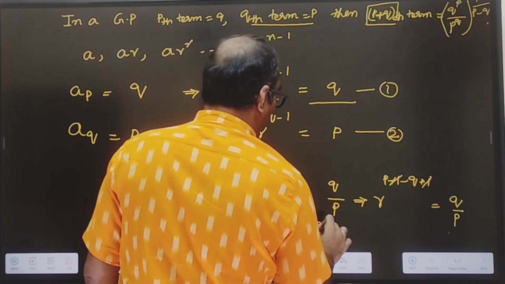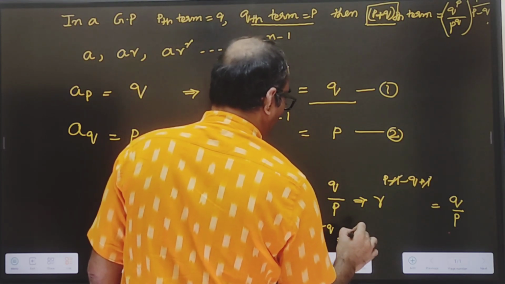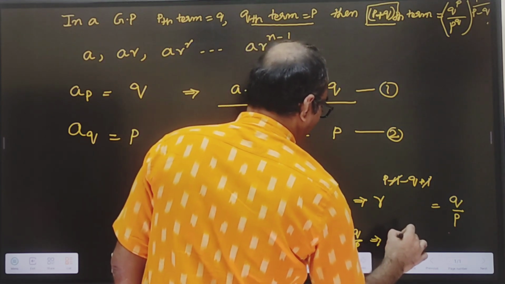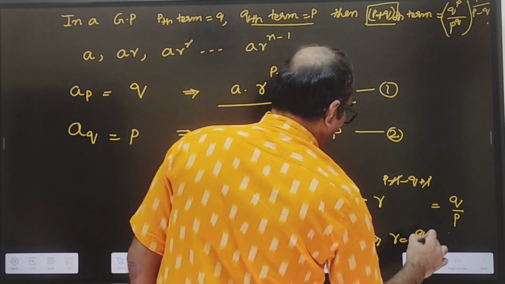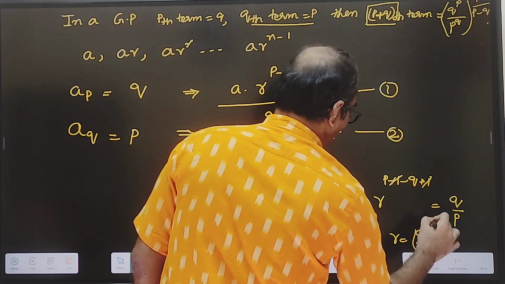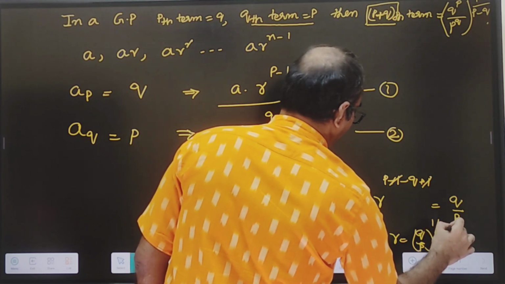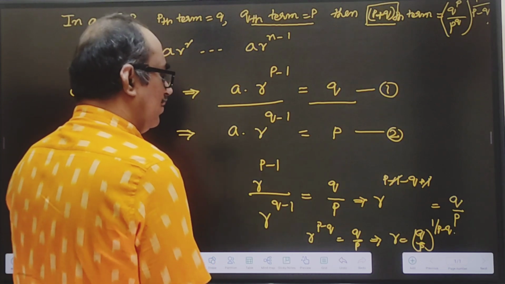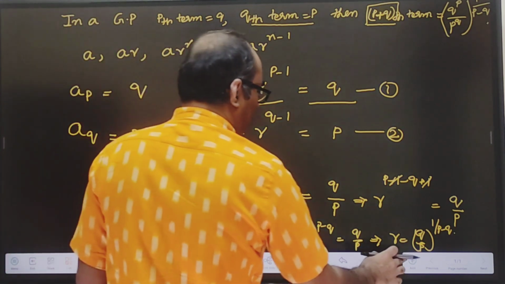We will have r to the power of p minus q equals q by p, or r equals (q by p) whole to the power of 1 by p minus q. So we got r equals (q by p) whole to the power of 1 by p minus q.